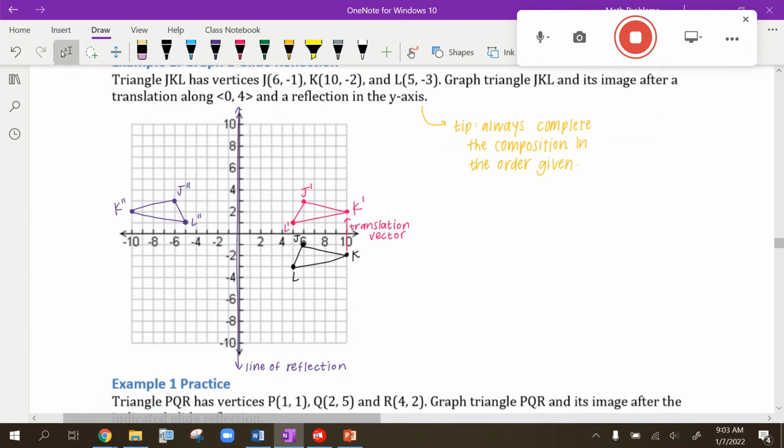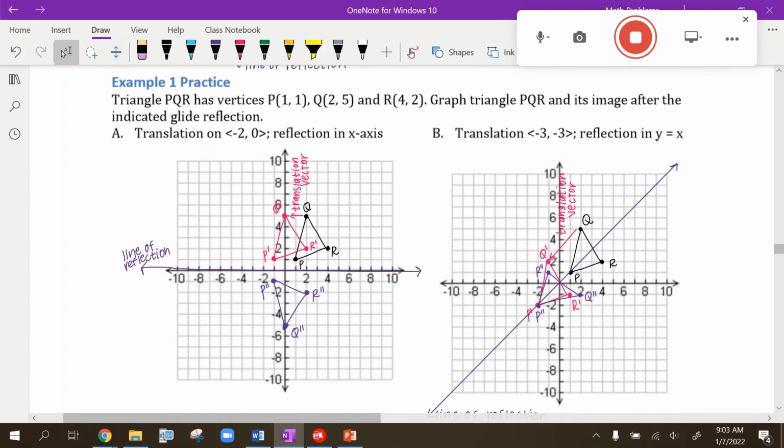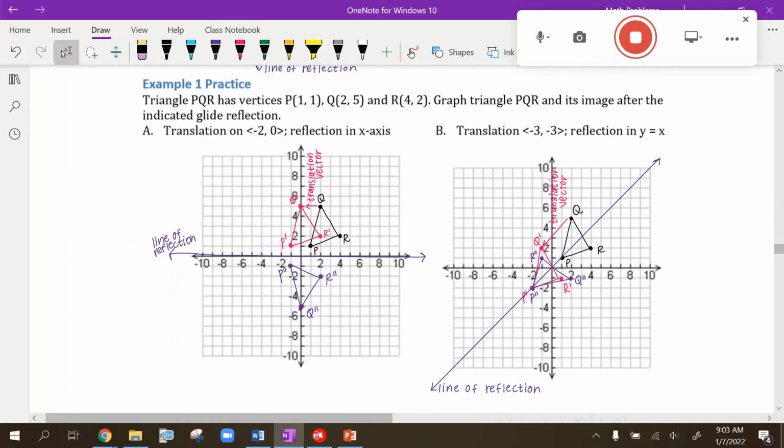Alright, below I have an example for you to practice on a glide reflection. So they both deal with triangle PQR. Plot those first, then you can try the 2 on your own. Here are the correct answers for those. Notice in both cases, the translation vector is parallel to the line of reflection.